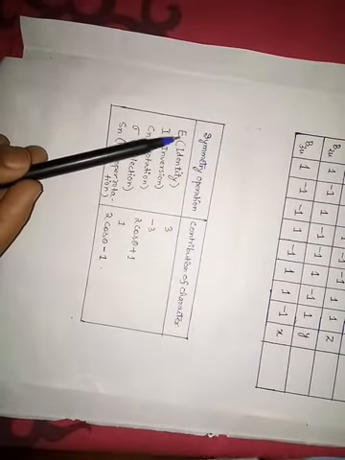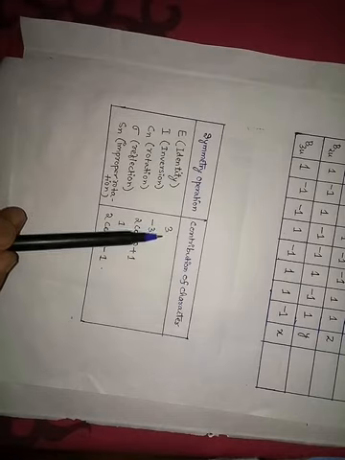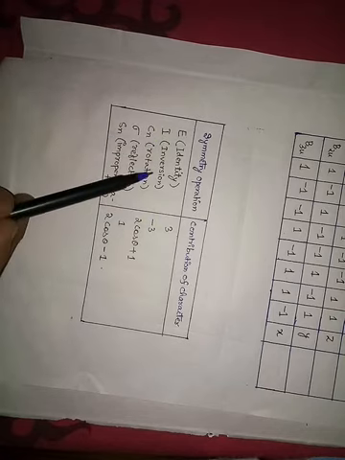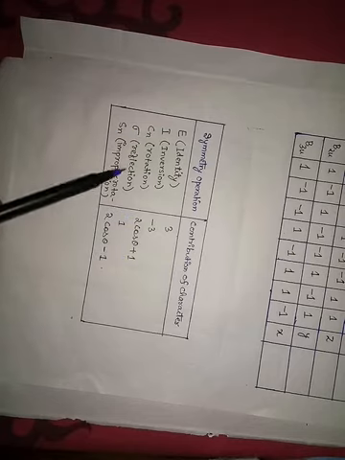The symmetry operation E, identity, will contribute 3. Then for inversion, it will contribute -3, for rotation it will contribute 2 cos theta plus 1, for reflection it will contribute 1, and for improper rotation it will contribute 2 cos theta minus 1. This contribution we will use in order to find the reducible representation of carbon dioxide molecule.